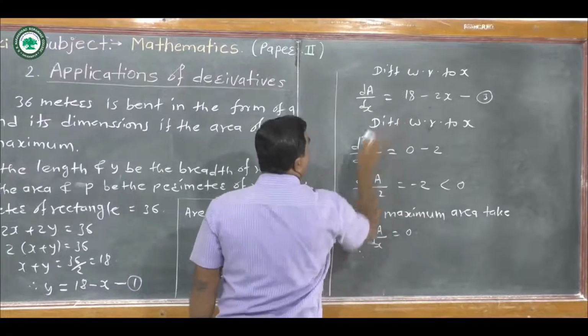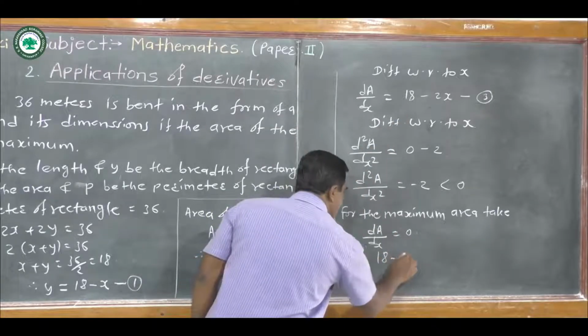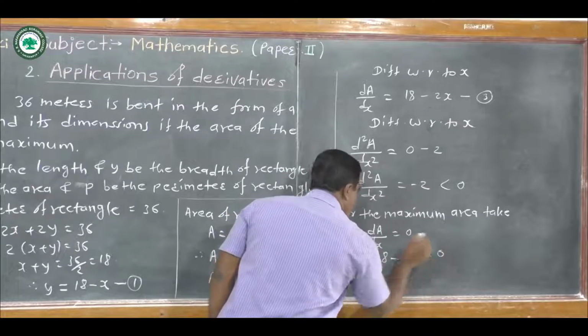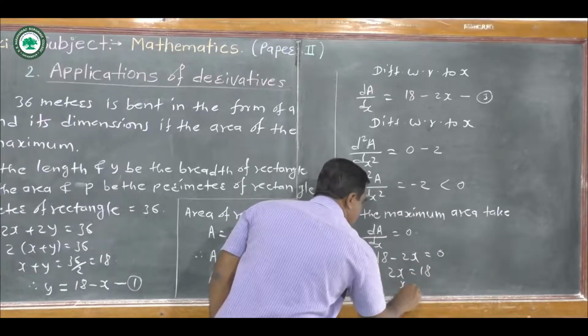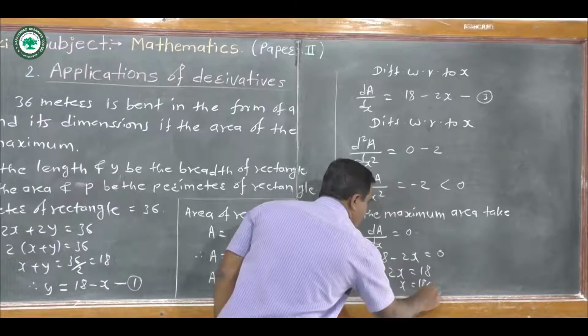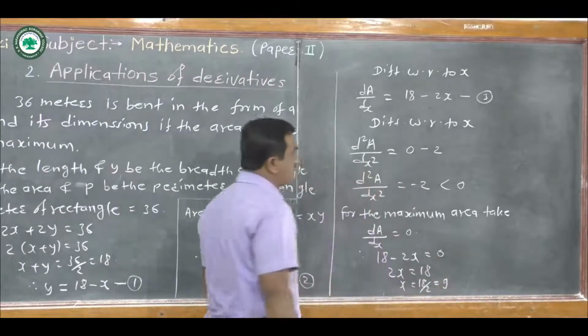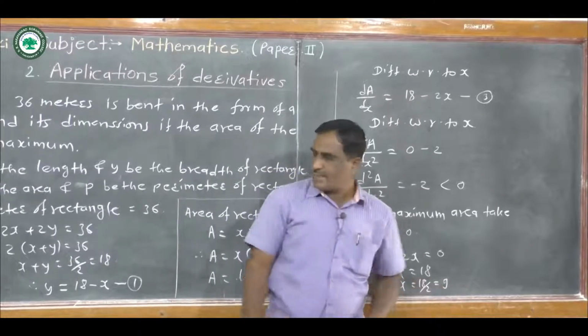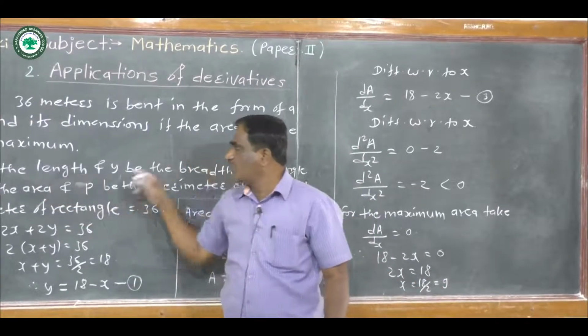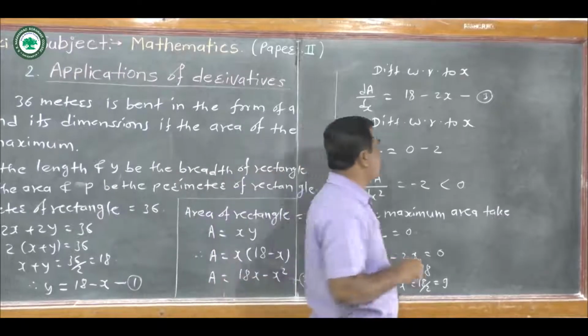Therefore, equation third becomes 18 minus 2x is equal to 0. That is 2x is equal to 18. x is equal to 18 upon 2 equal to 9. That is, we get the value of x is equal to 9, and x is the length of rectangle.